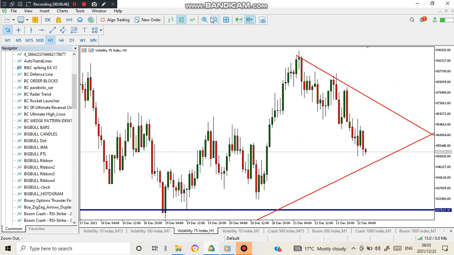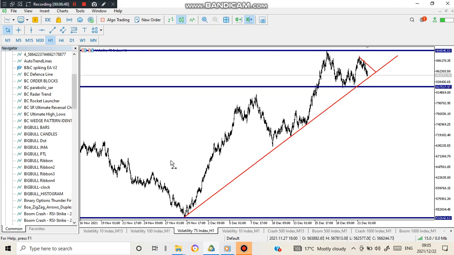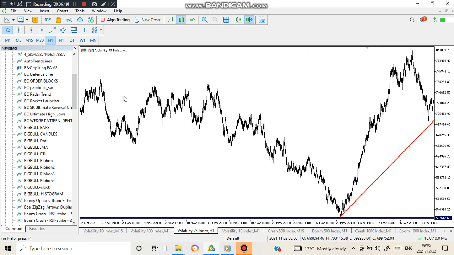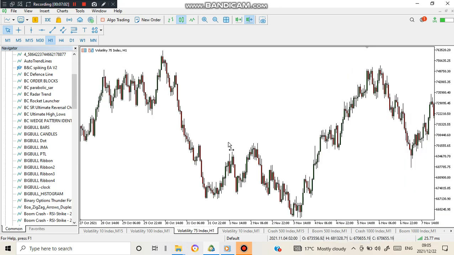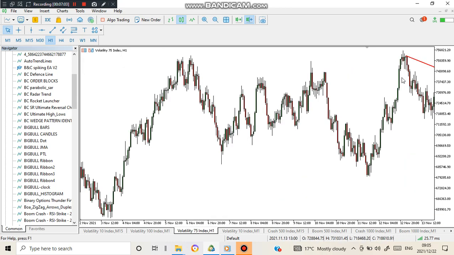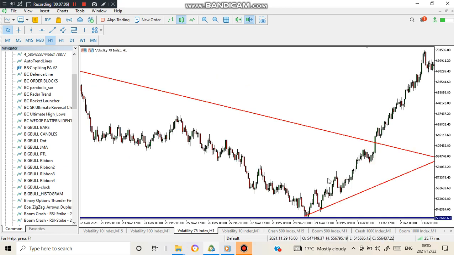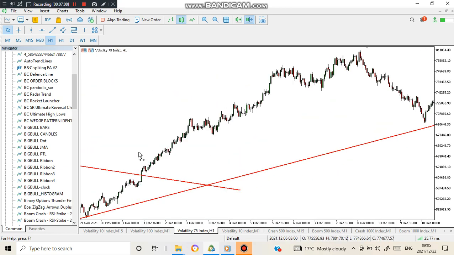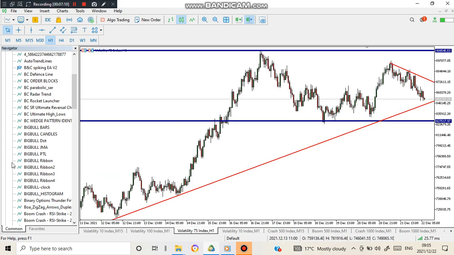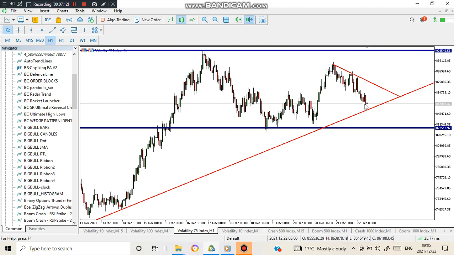Price is going to fall down hard. Because when we look over here, the same thing did happen. Price was moving in a downtrend, then it broke above the trend line, and look what happened. You guys see what I'm talking about? It went up hard.